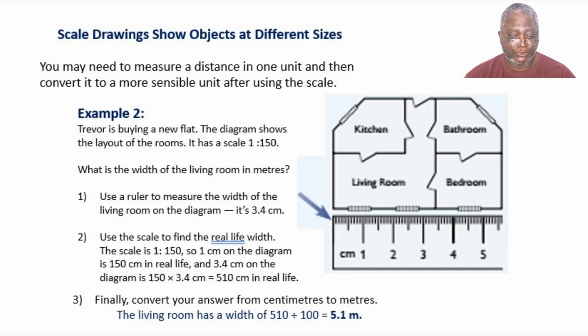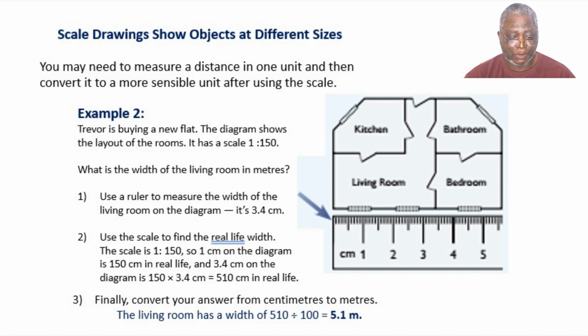Use the scale to find the real life width. The scale is 1 to 150, so 1 centimeter on the diagram is 150 centimeters in real life. And 3.4 centimeters on the diagram is 150 times 3.4 centimeters, which is equal to 510 centimeters in real life.